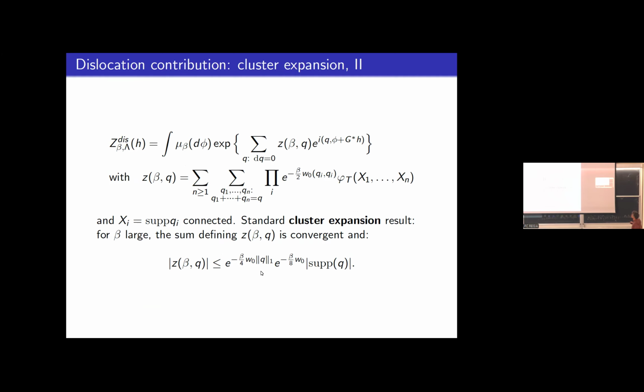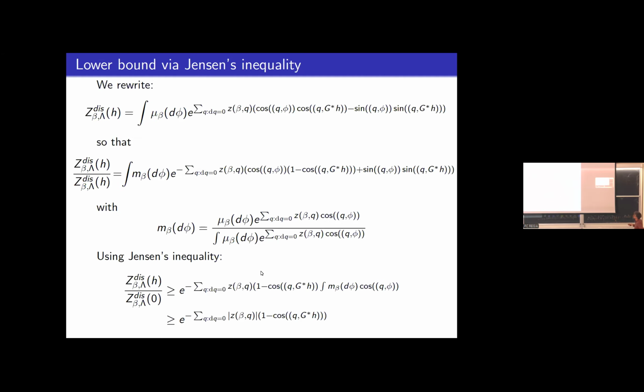I'm using that this e to the iq phi plus g star h can be replaced by the cosine, the cosine of q dot phi plus G star H. Then for the cosine of q phi plus q G star H, I use the cosine of the sum equal to cosine cosine minus sine sine. So nothing very deep. This is not scary.